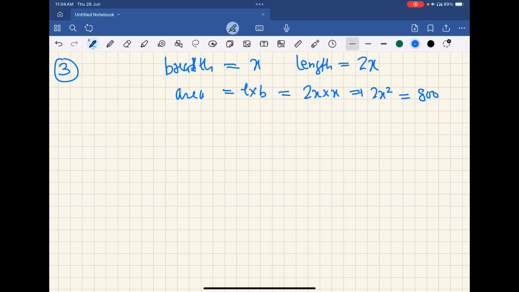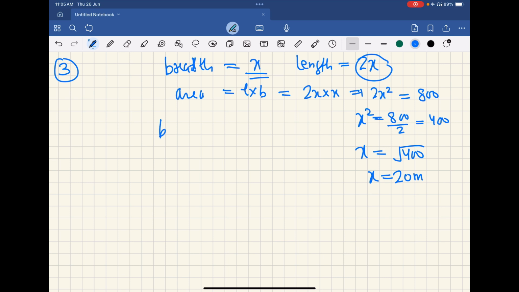Can you see यहाँ क्या हो रहा है? ये तो बड़ा सिंपल क्वेश्चन है. यहाँ आ गया x square equals 800 by 2, which is 400. So x क्या होगा? x actually plus or minus होगा, but since we are finding sides of a rectangle, we will reject the negative value. So हम सीधा x की वैल्यू लेते हैं पॉजिटिव, स्क्वायर रूट ऑफ 400 जो कि है 20. सो दैट मीन्स कि भाई ब्रेड्थ हो सकती है 20 मीटर, लेंथ होगी 40 meters.